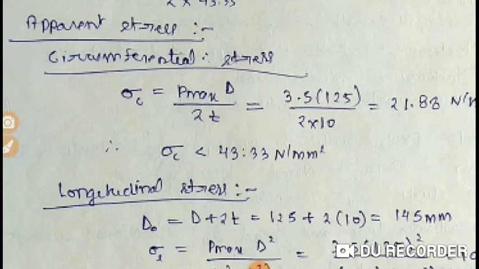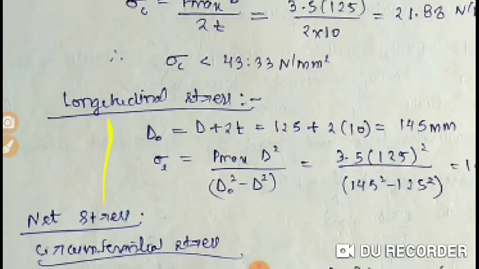Put the calculated values of capital D and small t in this, calculate sigma c, and check whether this value is less than or greater than the permissible stress value for the cylinder, that is 43.3. If it is less than the permissible value, that means the induced stress is less than the permissible stress, so our design is safe.